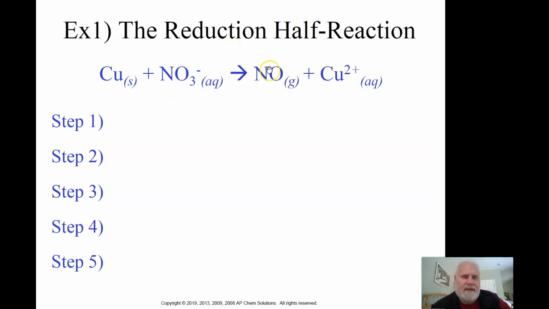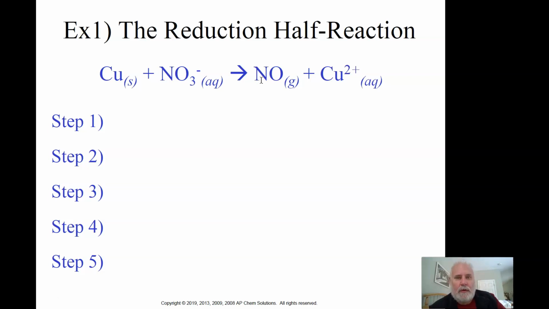So hopefully something's being reduced. Oxygen -2, no change. Nitrogen is going to be a +5 over there to leave the 1- charge. So it goes from +5 down to +2. That's reduction.